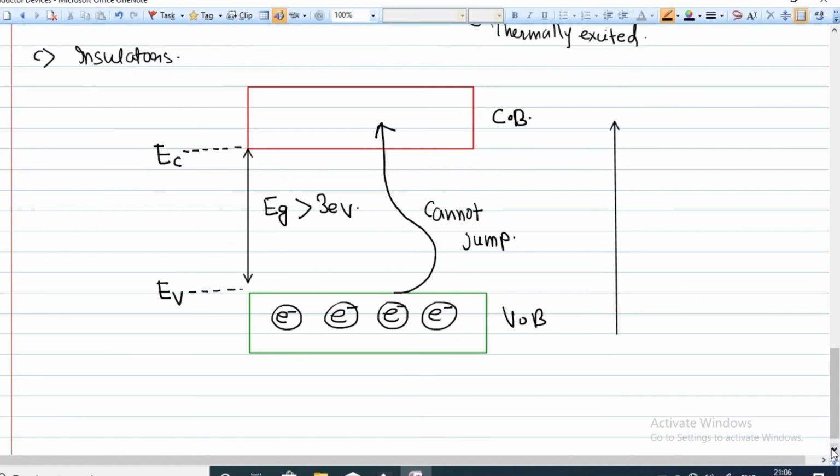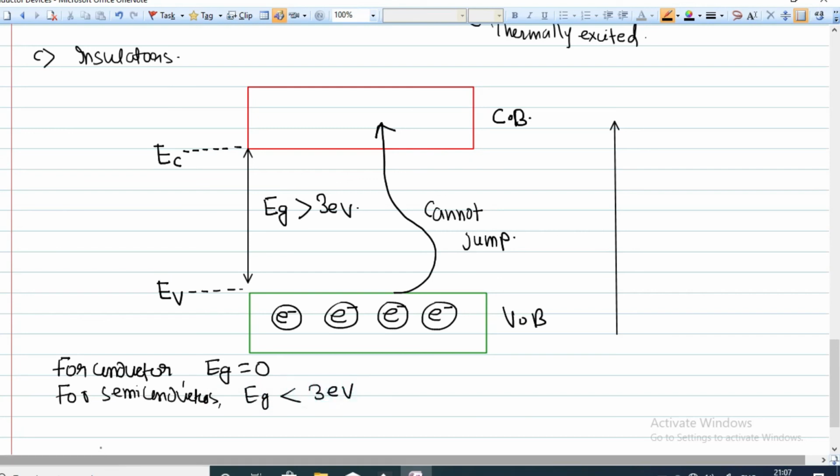So this is all about the energy band diagram of conductors, insulators and semiconductors. What we have seen is that for conductors the difference of energy between the conduction band and valence band is equal to 0. That's why conductors easily conduct when we apply an electric field. For semiconductors, there is some energy difference between the conduction band and valence band, and this energy gap is less than 3 electron volt.